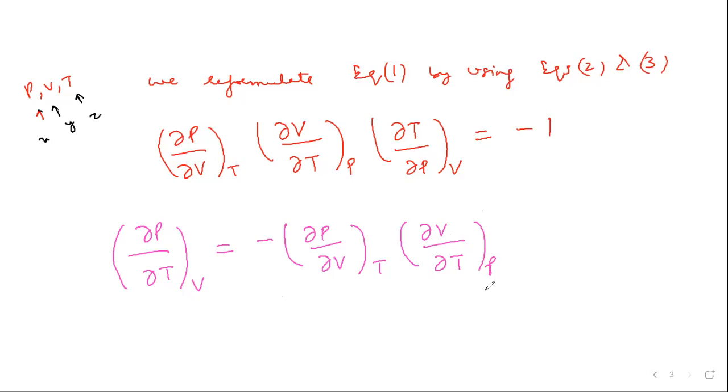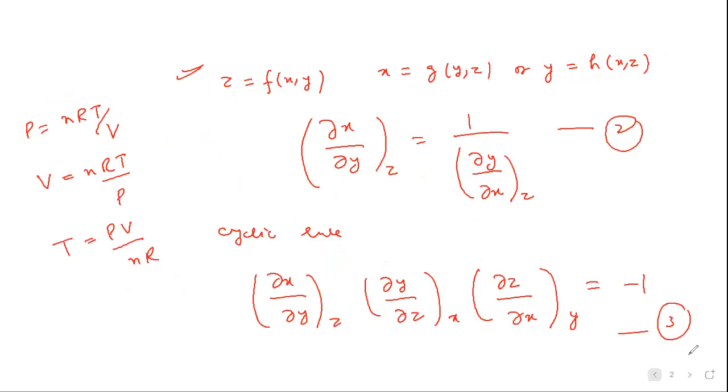See how? It is dou P by dou V at constant T. So this is same as this. And this is dou V by dou T at constant P. So it is same as this. Now look at this right hand side. If I take this downstairs, this will become -1 by dou T by dou P at constant V. Then I use this reciprocal rule.